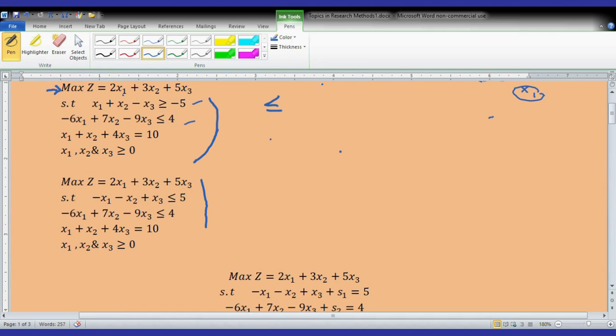So whenever this is the case, this is the first thing that you need to do in the context of a maximization problem when you are dealing with linear programming.